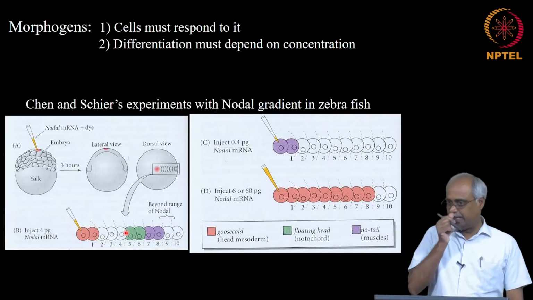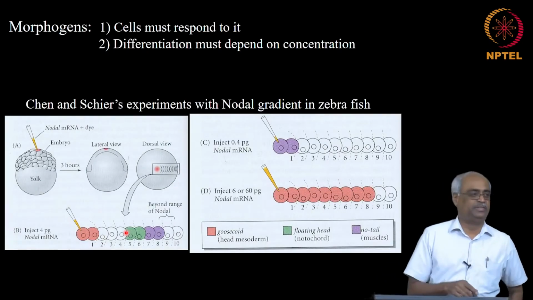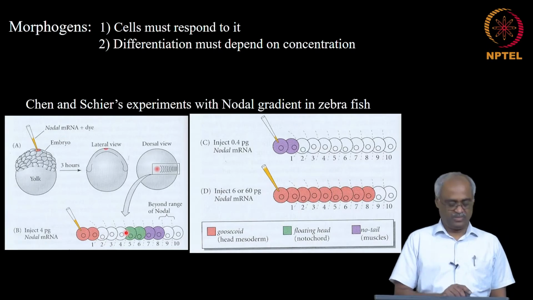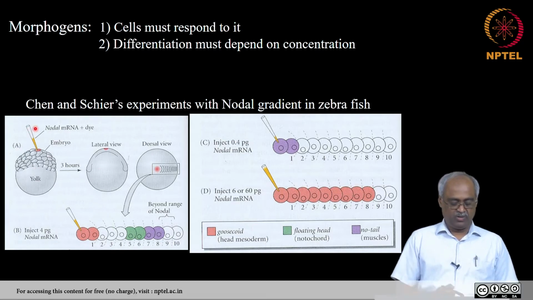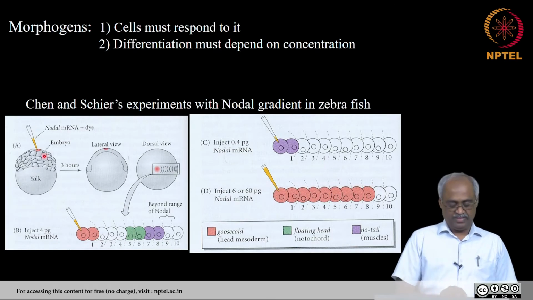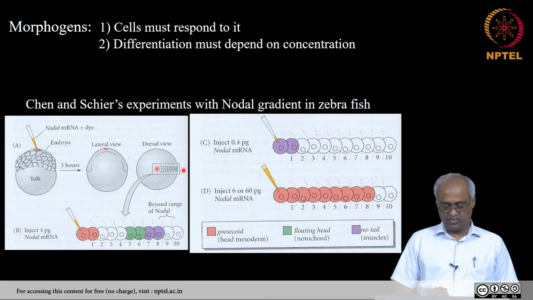Yeah. So here is an experiment to show how the morphogen gradient works. Okay. This is done on a zebrafish embryo. So this is the surface ectodermal cells. Here you are injecting nodal mRNA. This is one of the morphogens here. So the nodal protein, its gradient matters. Now laterally if you look at it, it is somewhere on the top, and on the surface you have from the center to one end a concentration gradient.